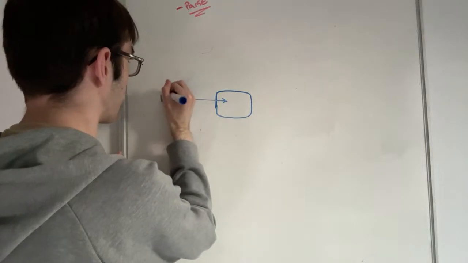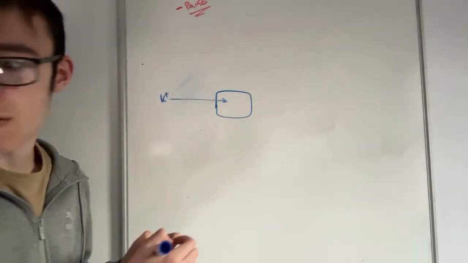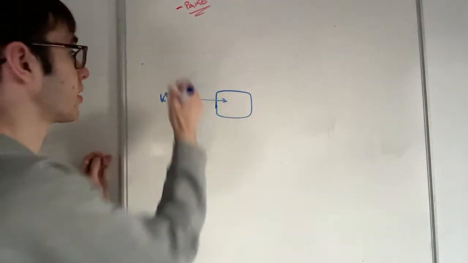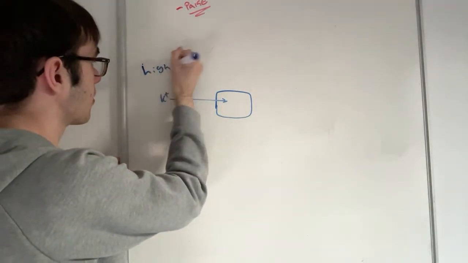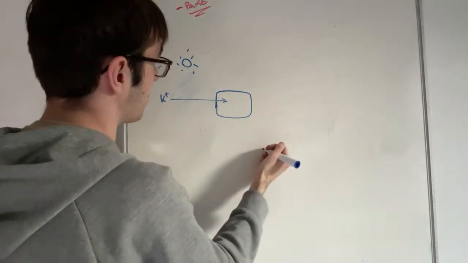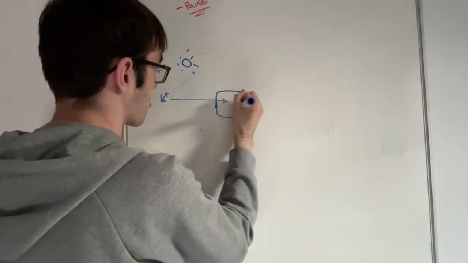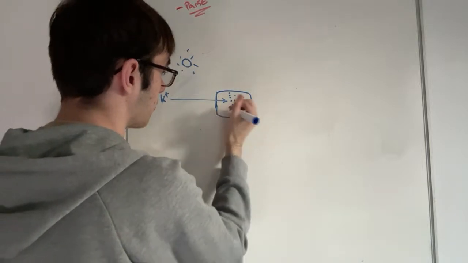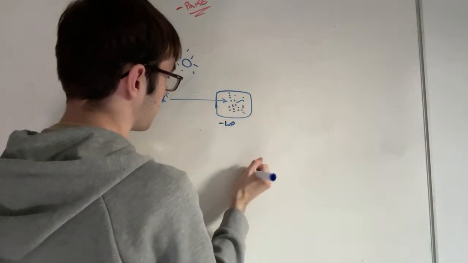Potassium ions move in during periods of high light intensity. This makes the solution, as expected, more concentrated, which lowers the water potential.